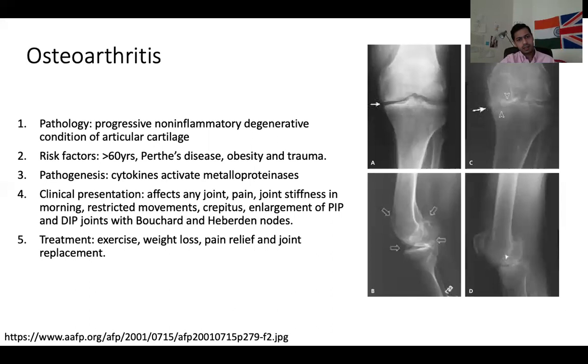So its pathogenesis is usually caused by cytokines, once again, which will activate the metalloproteinases. And these cytokines, once they activate the metalloproteinases, can cause degradation of the proteoglycans and the collagen that supports the joint. And as a result, we can see that there's a reduced joint space here.